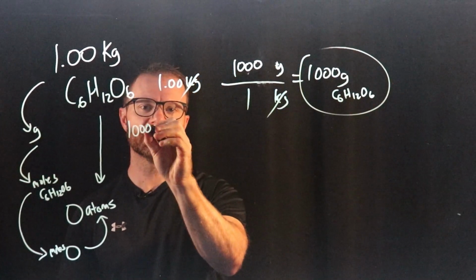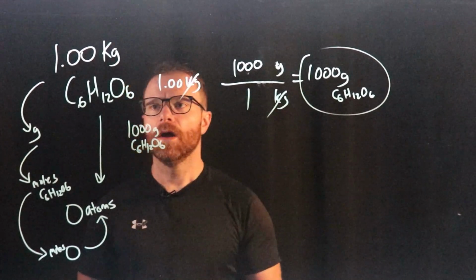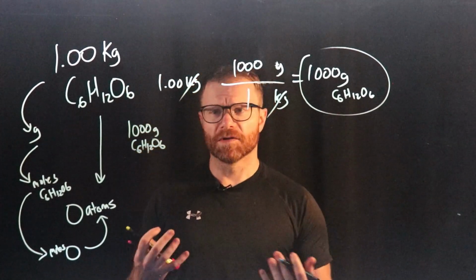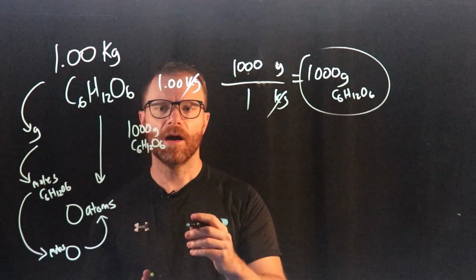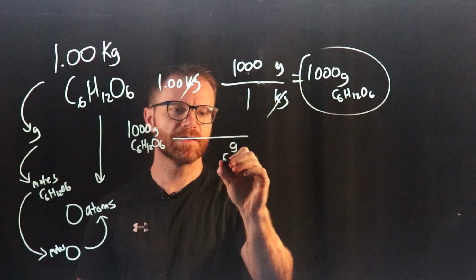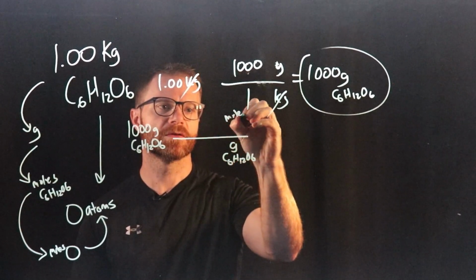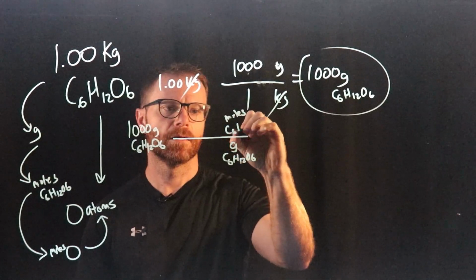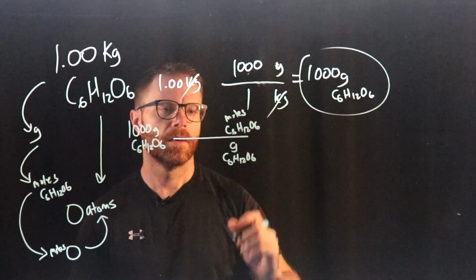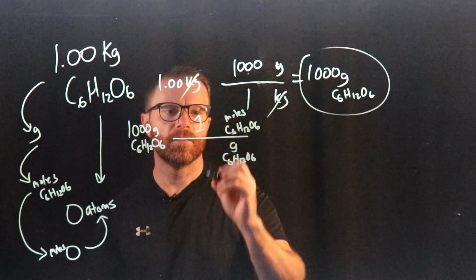So if we have 1,000 grams of glucose, we want to know how many moles that is. Now, we want to get rid of grams of glucose. We want to go to moles of glucose. How many grams in every 1 mole?